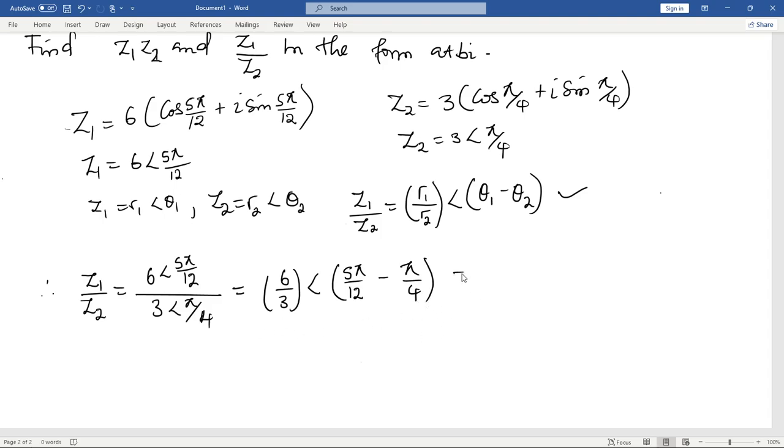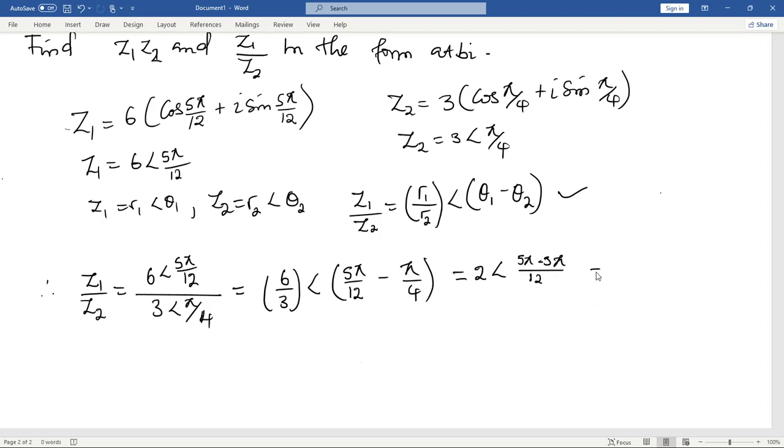So then that's going to be 2 here. Then there, our common denominator is 12. Then 12 into 12, 12 multiplied by 5 pi, we get 5 pi here. Then 4 into 12, we get 3. Then 3 multiplied by pi here, we get minus 3 pi like this here.